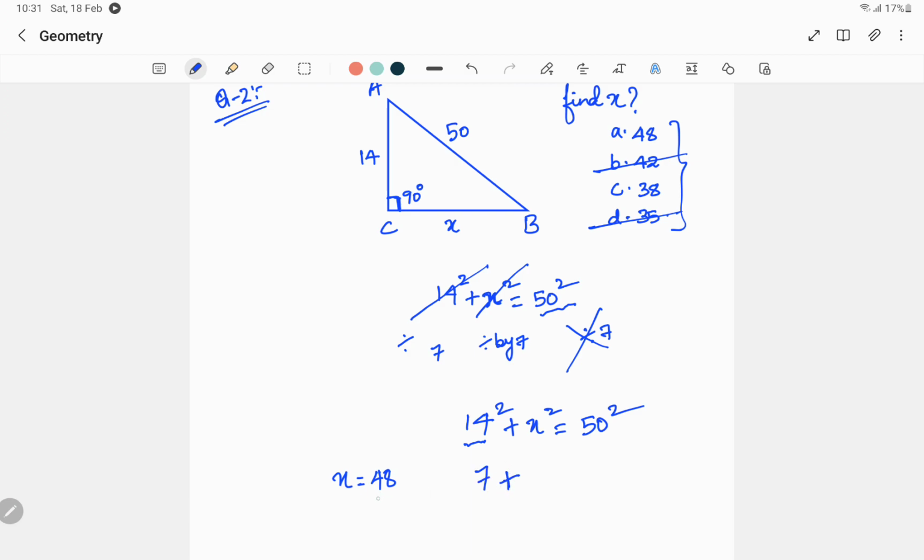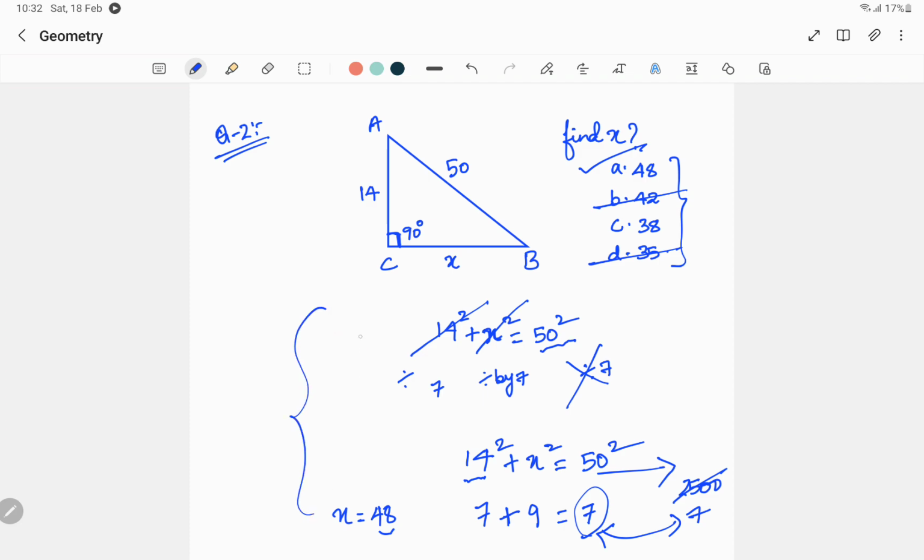And if x is 48, 4 plus 8 would be 12, 1 plus 2 would be 3, 3 square is 9, so we are going to get 9 plus 7 is 16, 1 plus 6 is 7. Similarly for 50 square, this is 2500, digit sum is 7, so the digit sum of the left hand side and the right hand side is matching, so answer choice A is the right answer.